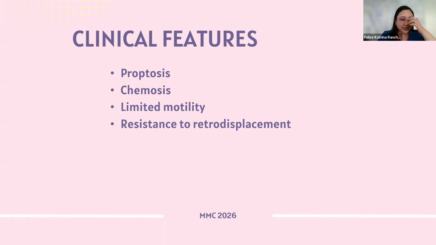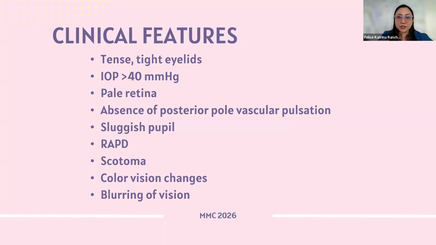We should look for evidence of high intraorbital pressure, such as tense and tight eyelids, which are difficult to pry open, and increased IOP. So the normal intraorbital pressure is only around 3 to 6 millimeters mercury. But it is impractical to do orbital manometry in the clinical setting.